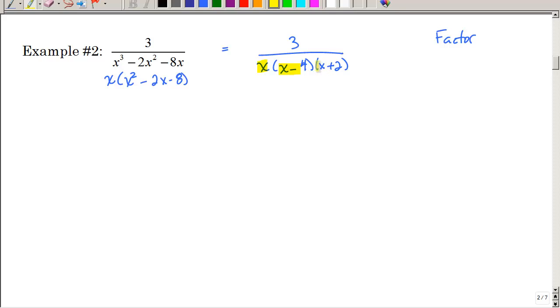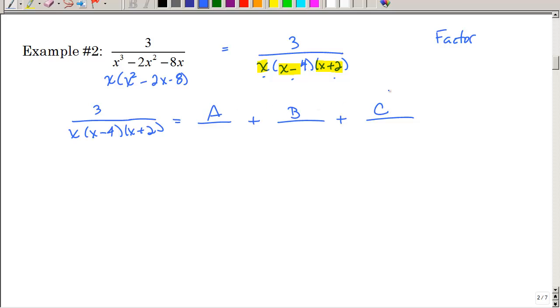Now look at the denominator. I have 1, 2, 3 linear factors, meaning x is to the first power. They're not repeated. So how do I need to set up that equation? Since I have 3 linear factors, I need 3 fractions. A, B, and C, constants.